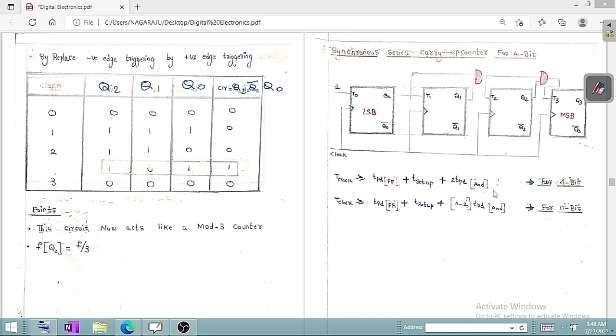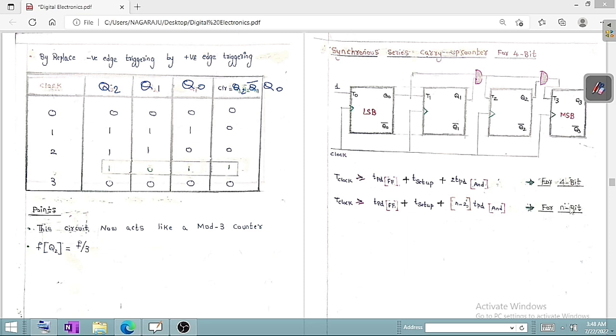The T clock uses the propagation delay of a single flip flop, because all the flip flops are triggering at one time, so the propagation delay is the same. If there are any number of flip flops, it is always only one quantity: the propagation delay of the flip flop plus the setup time plus 2 times the propagation delay of the AND gate for 4 bits.